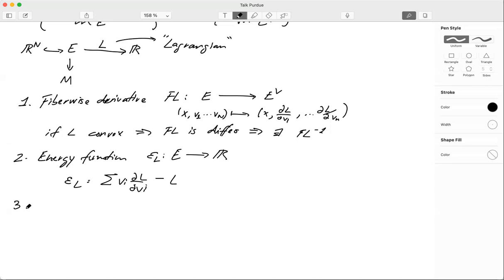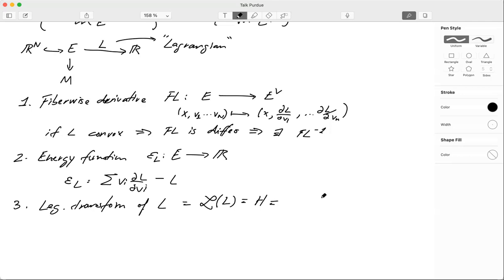And then the third step is you combine these two things. So you write down the Legendre transform. The Legendre transform of L, I'm going to denote with this fancy script L of L, or H for Hamiltonian.